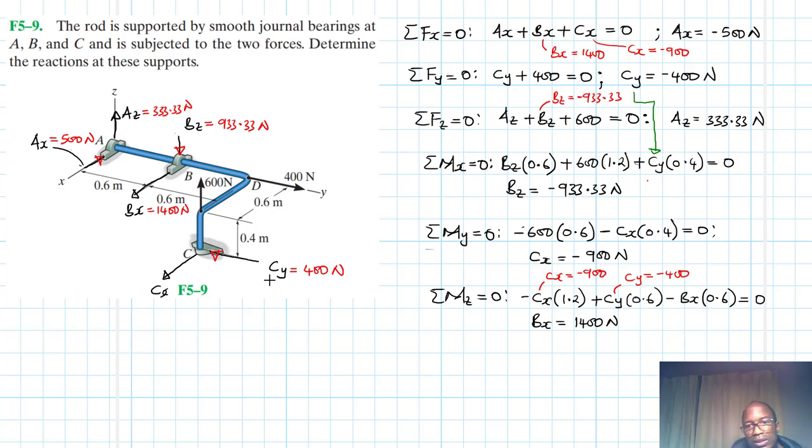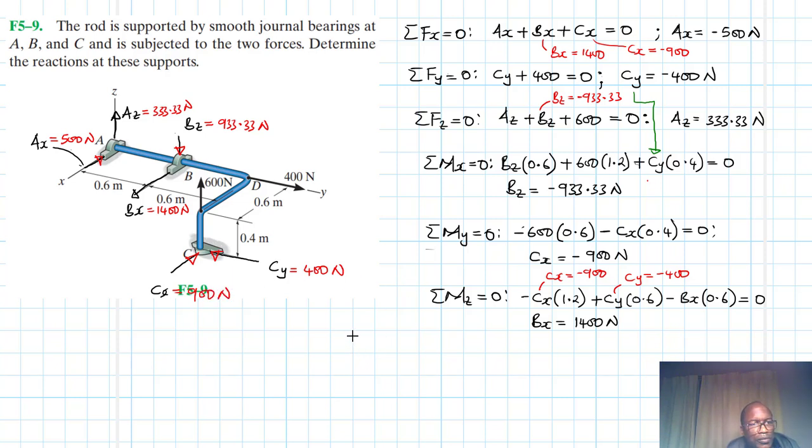And finally, what is Cx? Cx is minus 900, so the direction changes. The arrow will go like so, and this is equal to 900 newtons.